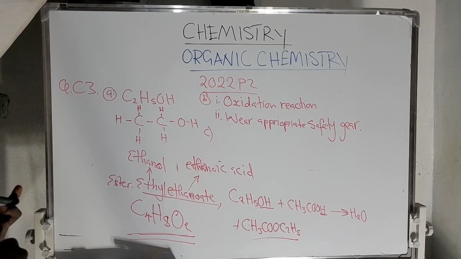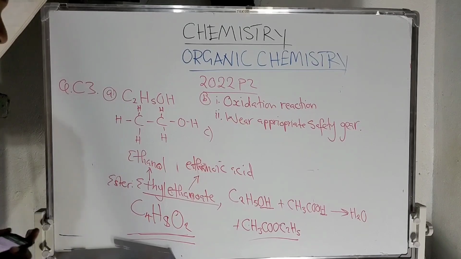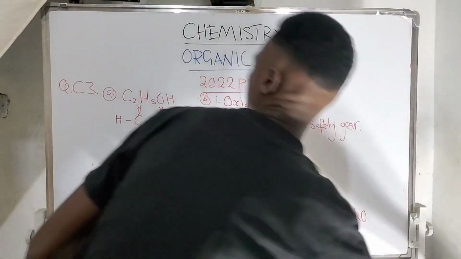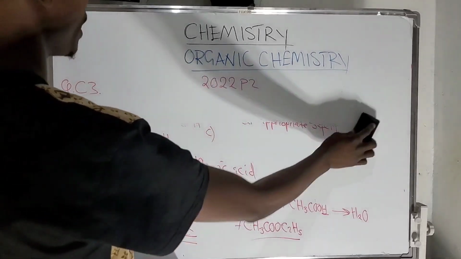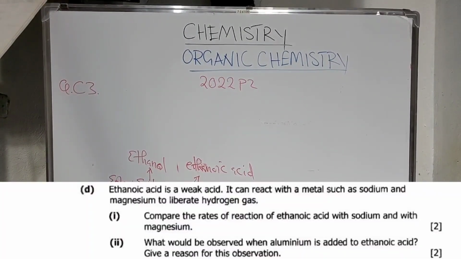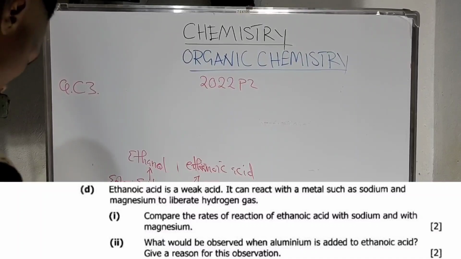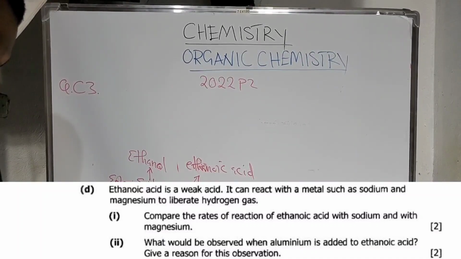Next question is compare the rate of reaction of ethanol, what's this? Ethanoic acid, okay. Ethanoic acid is a weak acid.